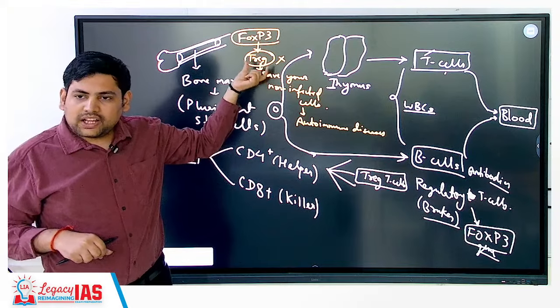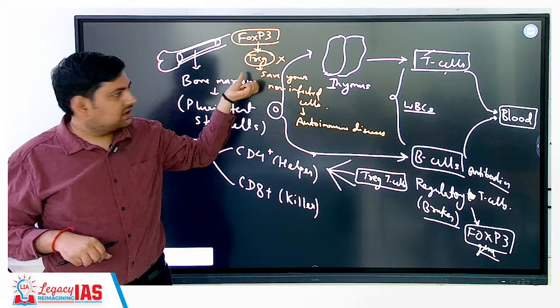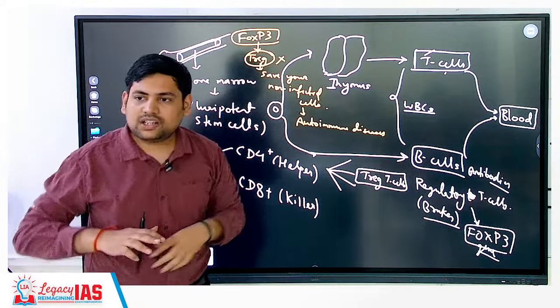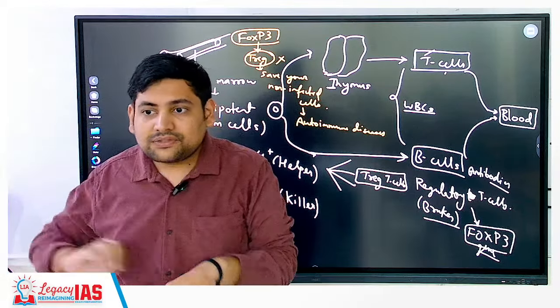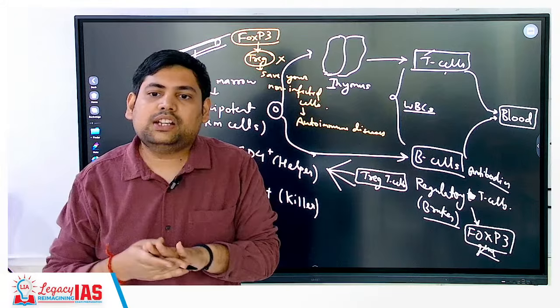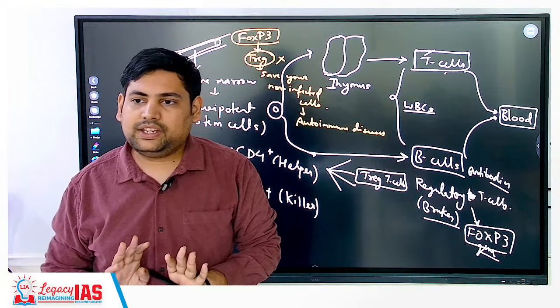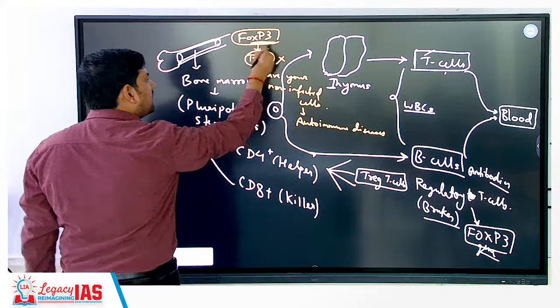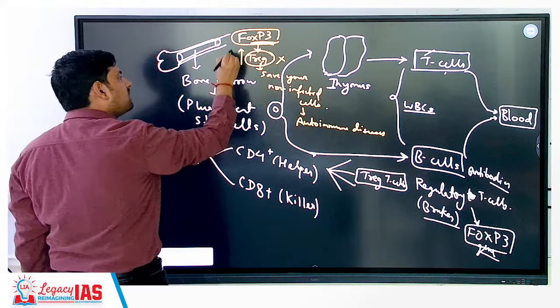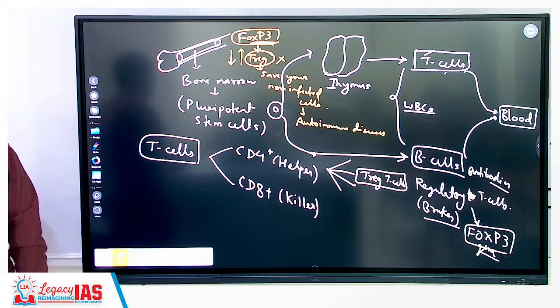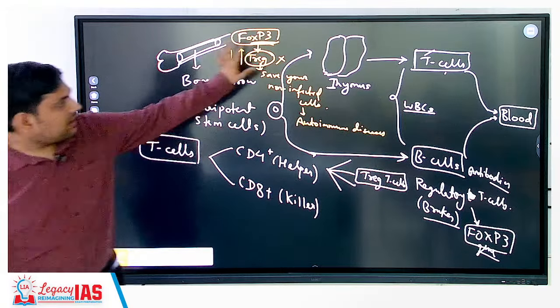So there is a huge probability of rejection. Now if I increase the impact of regulatory cells, the impact of the T cells which destroy the new prosthetic cells will reduce and it will settle in my body fine. So using this gene, I can either increase or decrease its impact, and both have their applications. This is what they have found out.